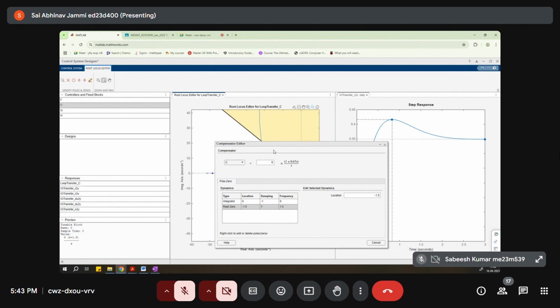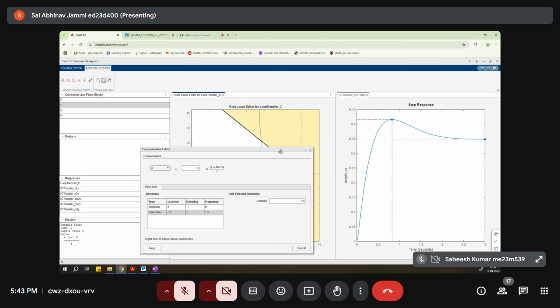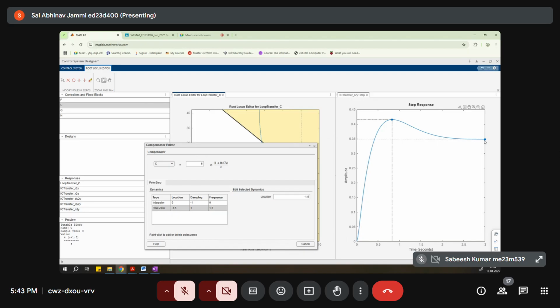From this, what I can understand is the value of Kp turns out to be 4. Is the overshoot too much, or the settling time? The settling time is 3, which is a huge value. So I'll change the location.